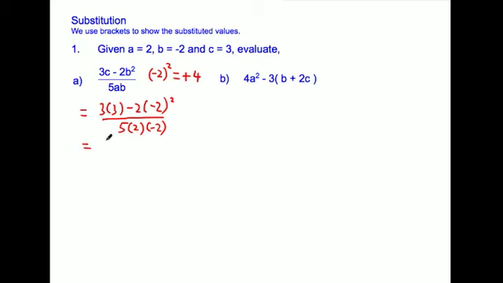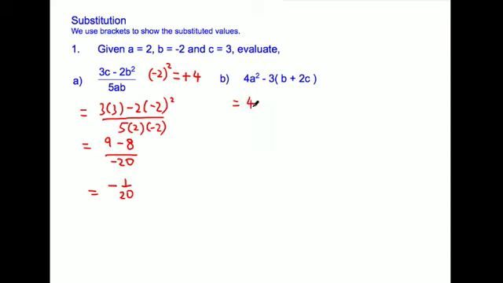Thus, we have 3 times 3, 9, minus 2 times 4, which is 8. 5 times 2, 10. 10 times minus 2 is minus 20, giving us negative 1 over 20.